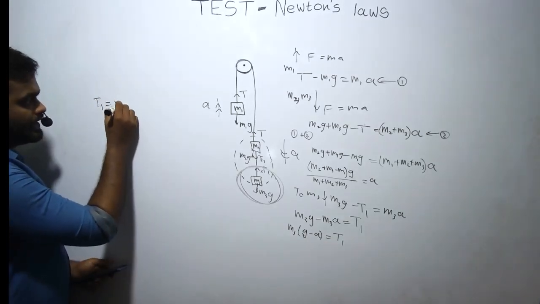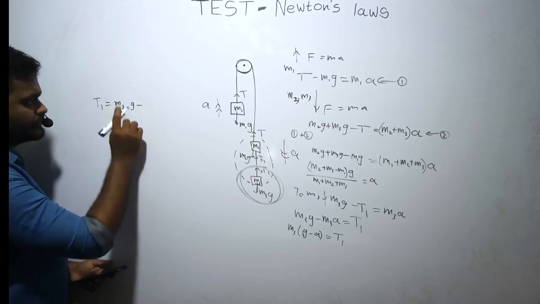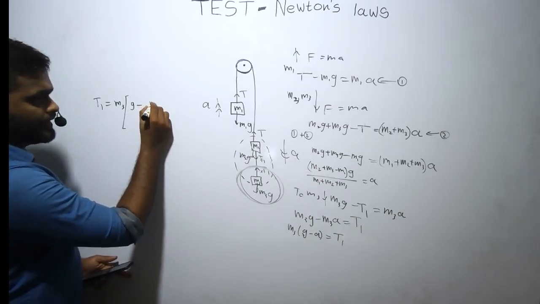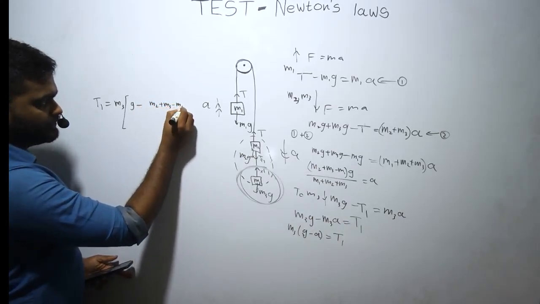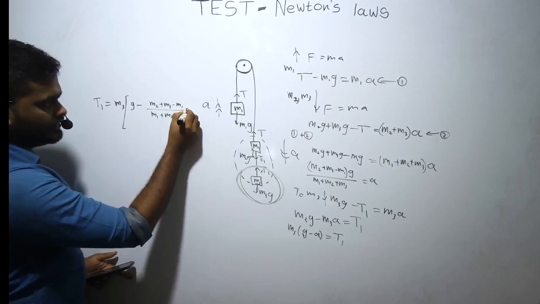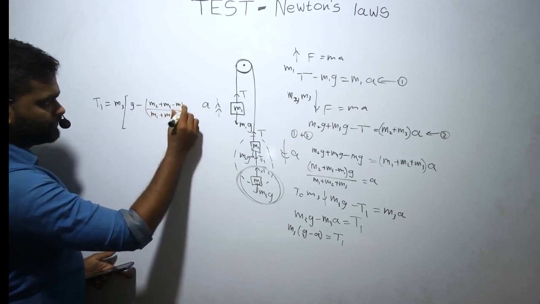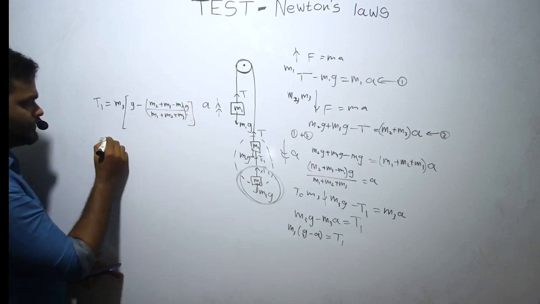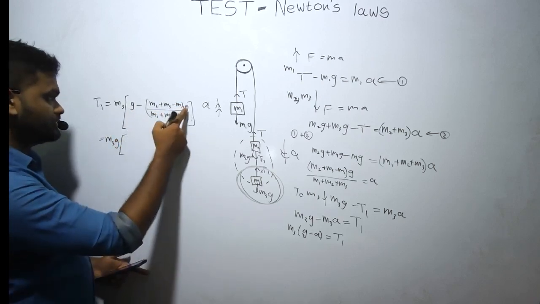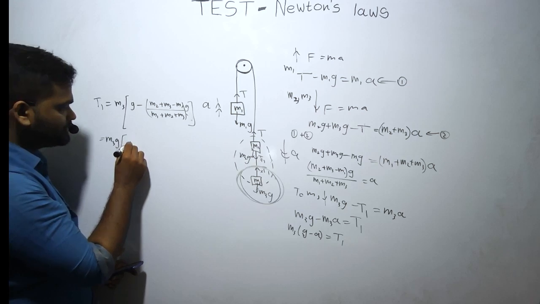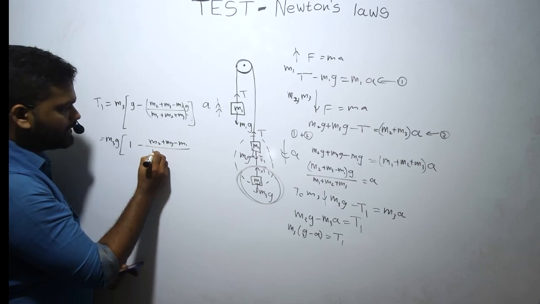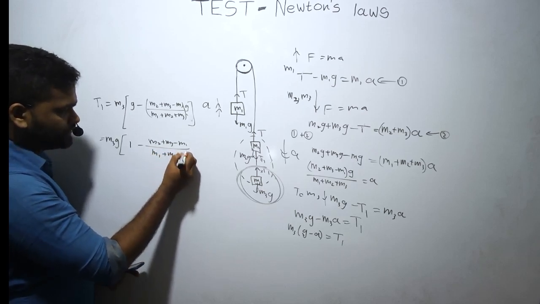T1 equals M3 G minus A, simply that one. M2 M3 minus M1 divided by M1 M2 M3, times G. You can take G out as well, because both terms have G. It becomes 1 minus M2 plus M3 minus M1 divided by M1 M2 M3.